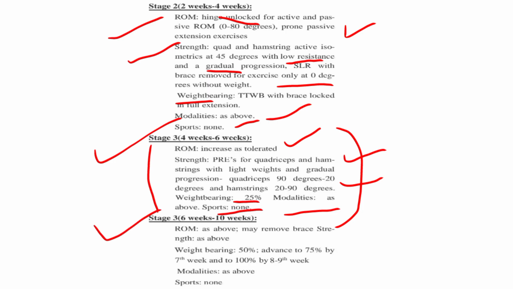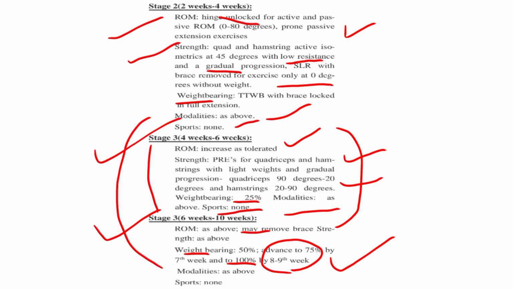In this stage 3, 6 to 10 weeks, range of motion as above. We discuss strengthening exercises, weight bearing 50%, 75% by the 7th week, and 100% we can use in 8 to 9 weeks. Modalities and sports are as above.